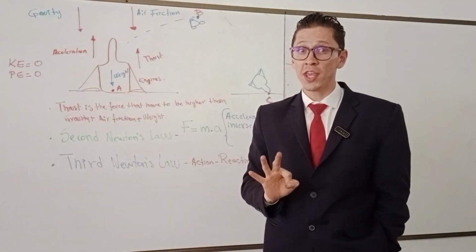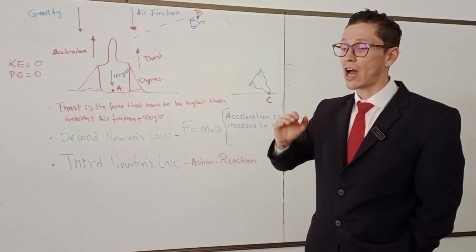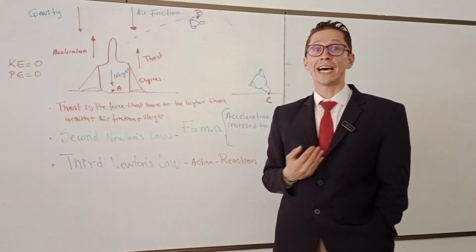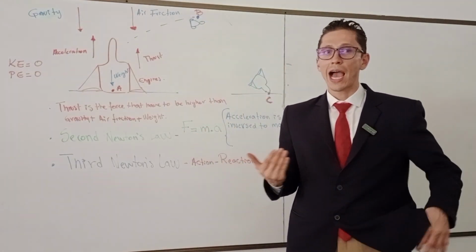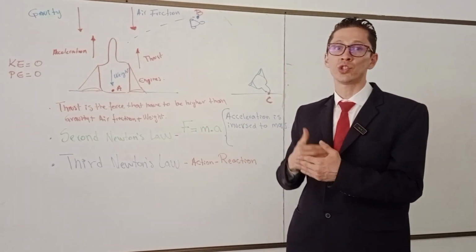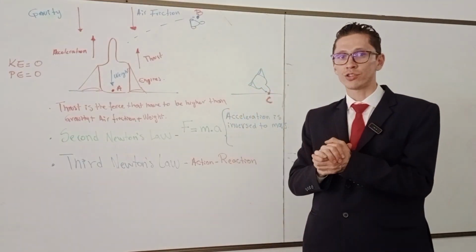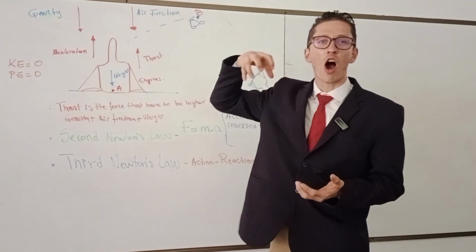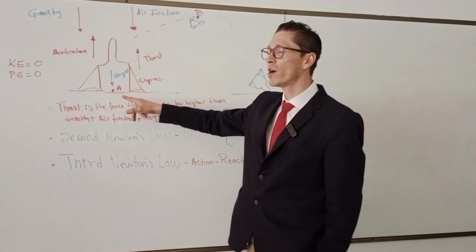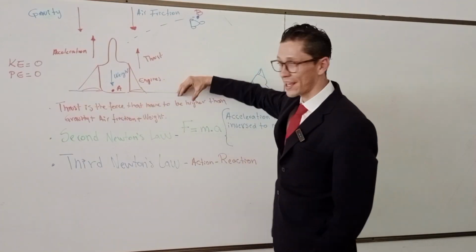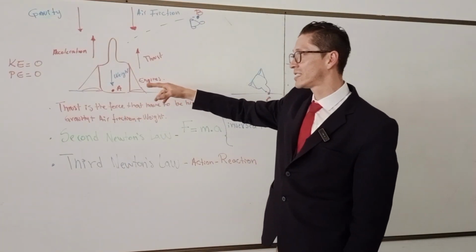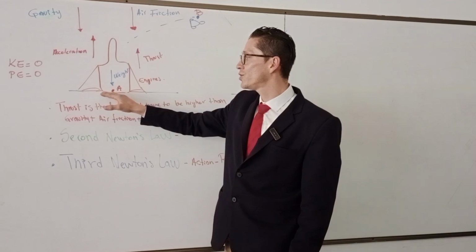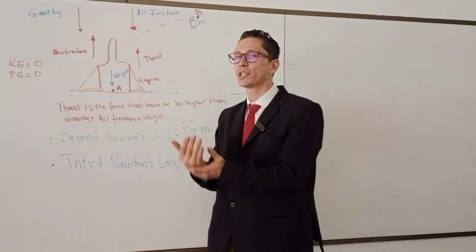Those are three forces that are assumed and that I need to overcome in order to take off, right? So if I want to take off, I need to have an opposite force.